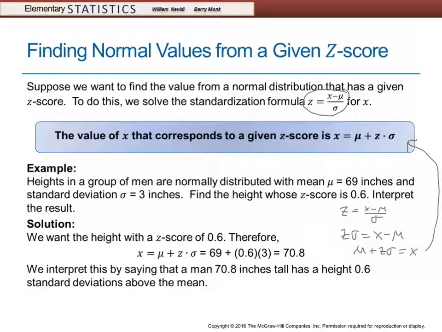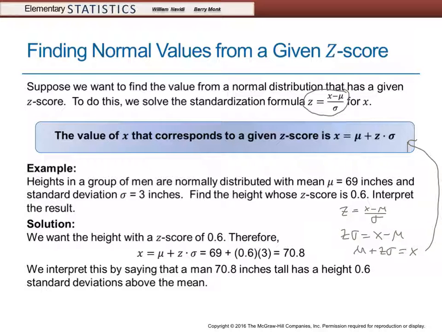So for example, the heights in a group of men are normally distributed with a mean mu of 69 inches and a standard deviation of 3 inches. Find the height whose z-score is 0.6. Interpret the results. So we want to find the height with a z-score of 0.6.